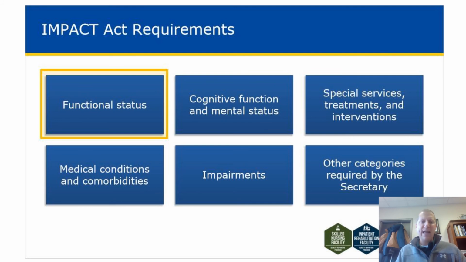So again, your MDSs, your OASIS, your inpatient rehab measures, should be looking at each of these 6 areas and reporting that in their MDS, in their OASIS, and in their other forms. Section GG goes hand in hand in helping us with functional status. Okay, so Section GG is just a smaller component for each of these sites.